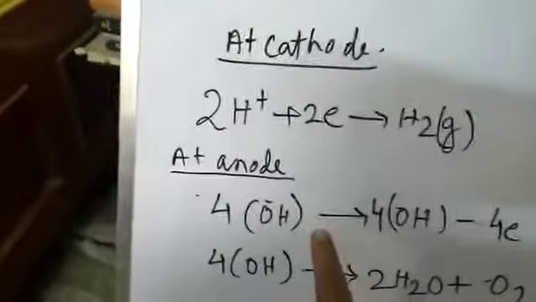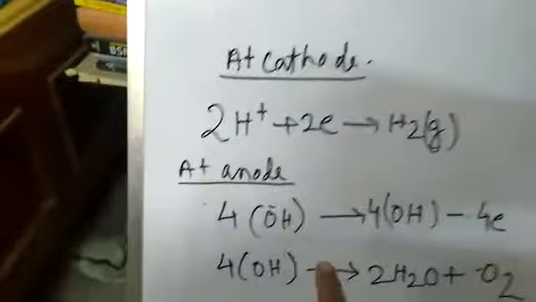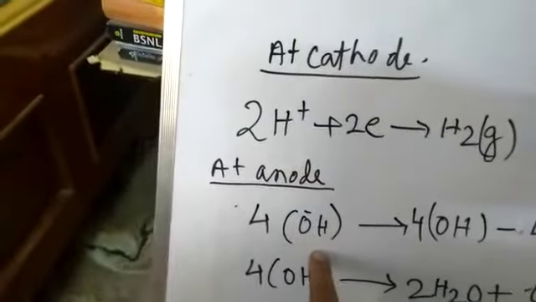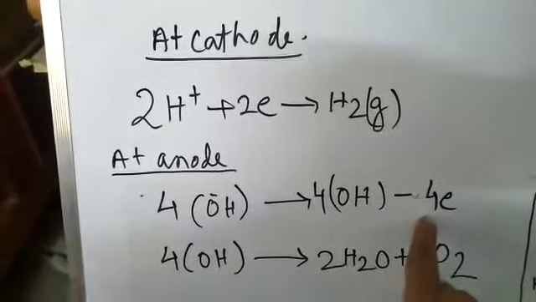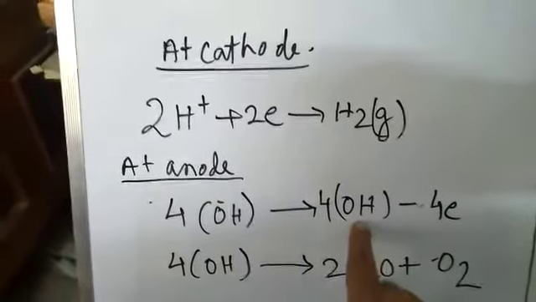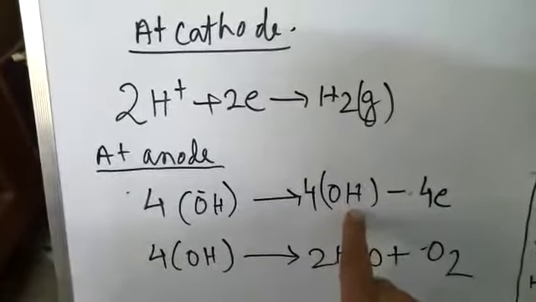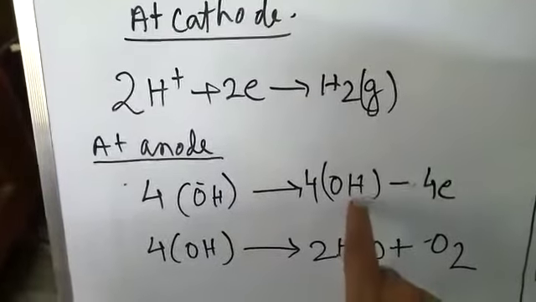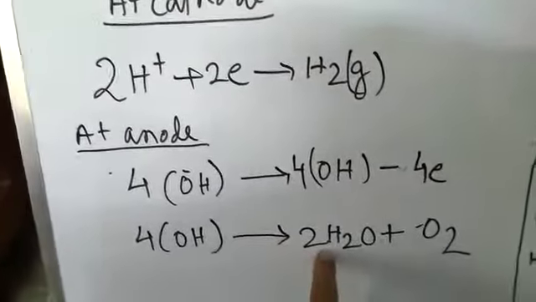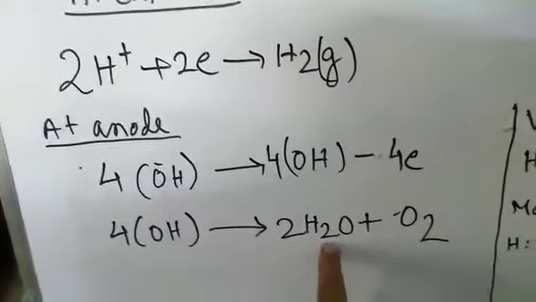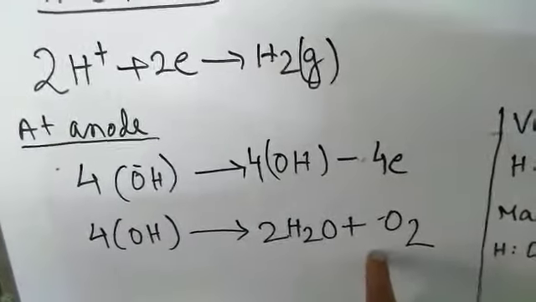And at the anode, what happens? The OH minus ions move towards the anode, and there at least 4 OH minus ions release 4 electrons and form 4 OH radicals. These 4 OH radicals are very unstable, and readily dissociate into 2 molecules of water and 1 molecule of oxygen.